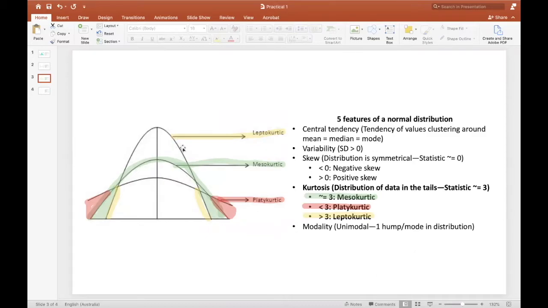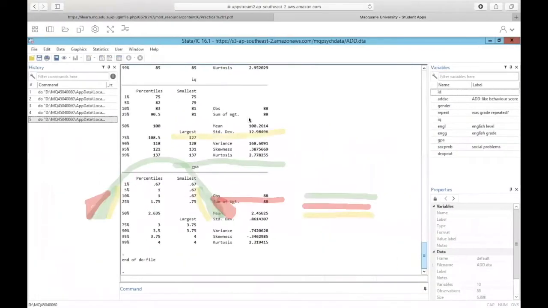For a platykurtic distribution, we'll see values less than 3, and the peak here is much lower. So that's just how I remember which values in Stata represent meso, platy, and leptokurtic distributions. All right, so let's go ahead and take a look at our variables again.